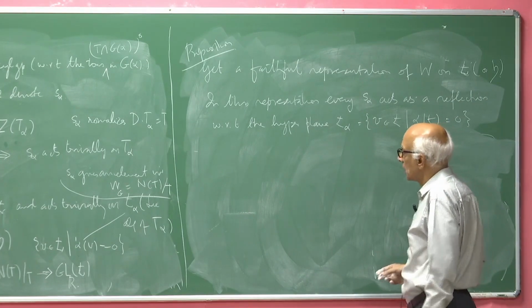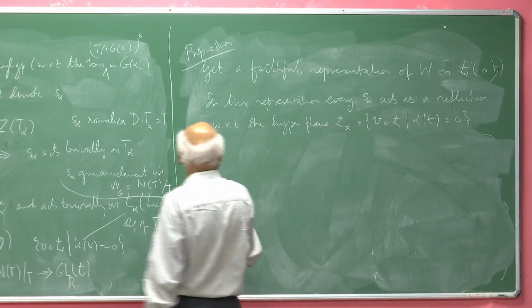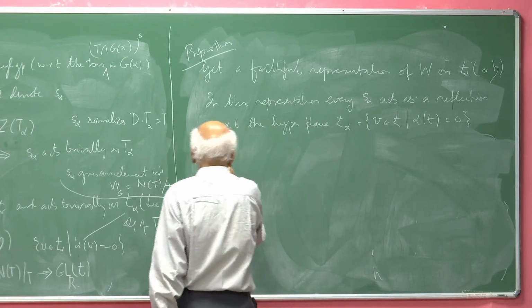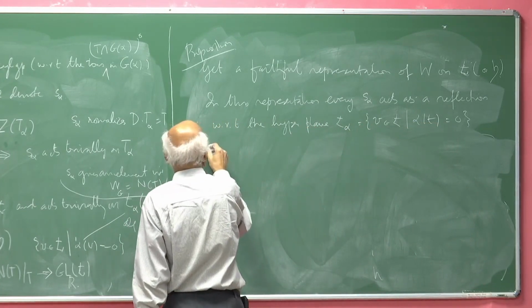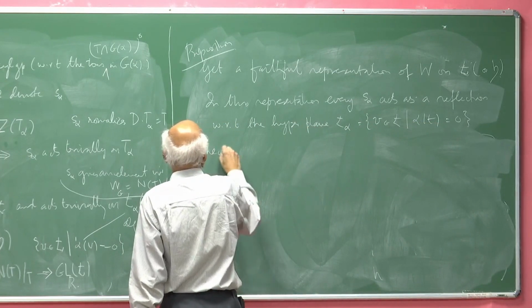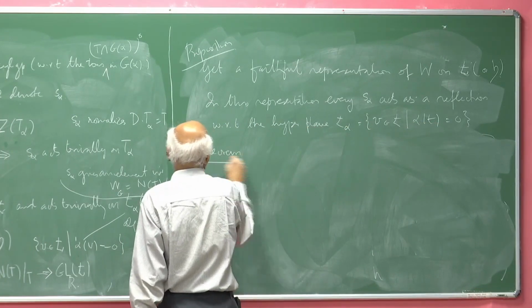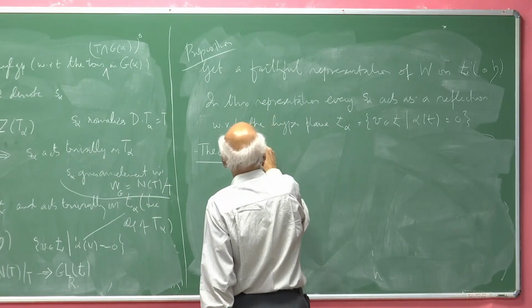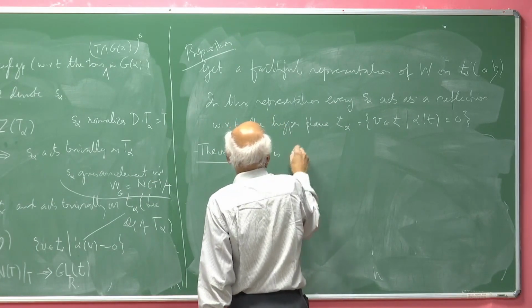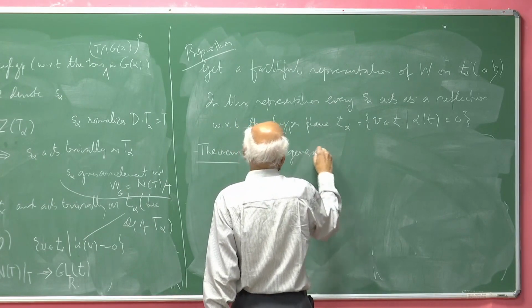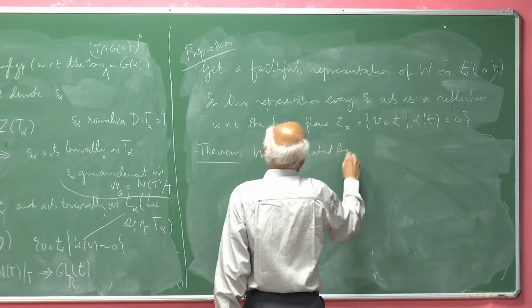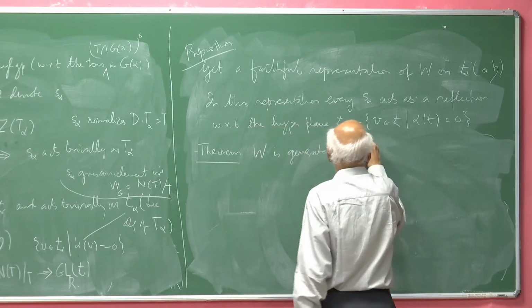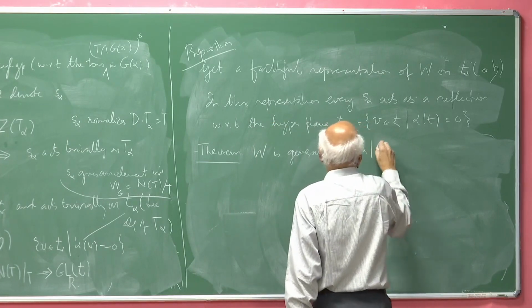One of the basic results which I will not be proving today but will prove later is the following. W is generated by S alpha, alpha in delta.